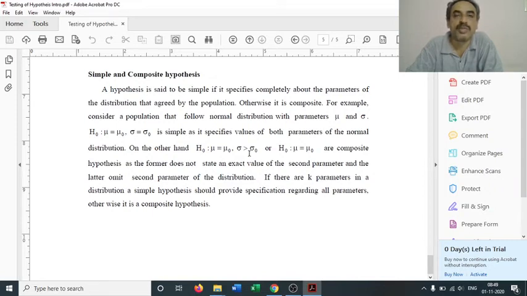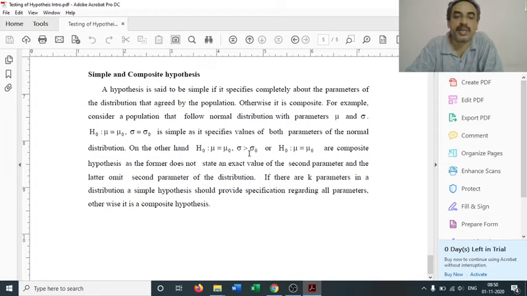For example, if the population follows normal distribution and the hypothesis is only H0: mu equal to mu 0, then we are missing a particular value for the second parameter. So it is a composite hypothesis.